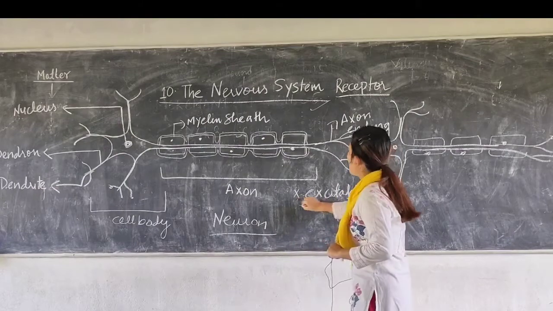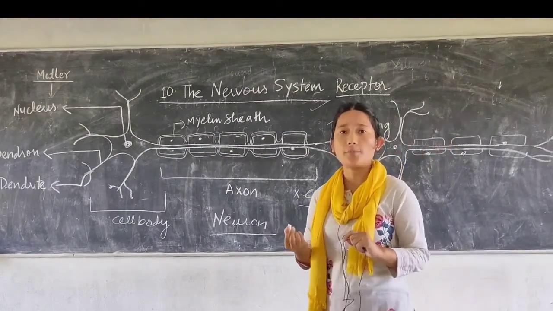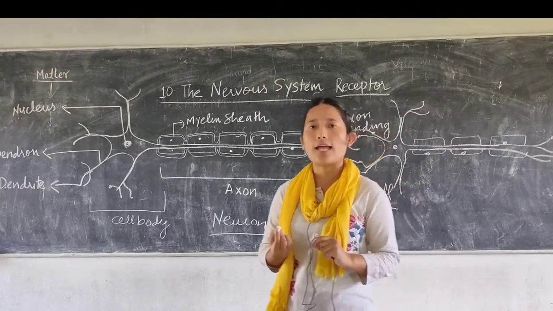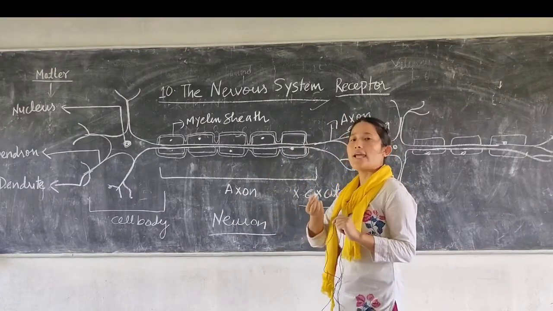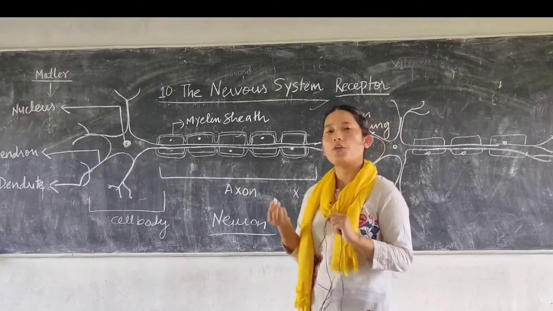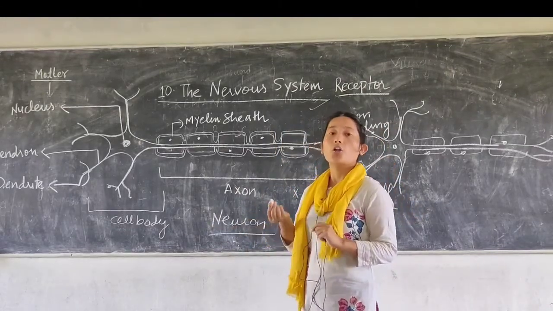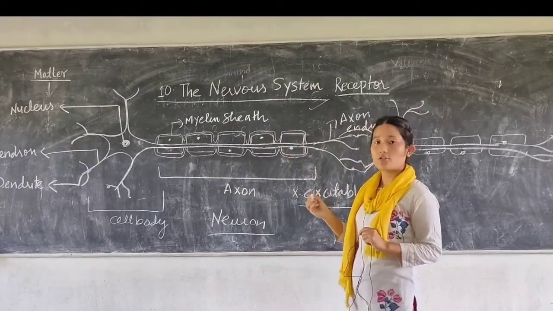That means whenever it senses any kind of change in the environment, that means whenever it receives any stimulus from outside, this neuron gets excited and then carries the message in the form of impulse. So first let us study the structure of a neuron. This is how the neuron looks under the microscope.